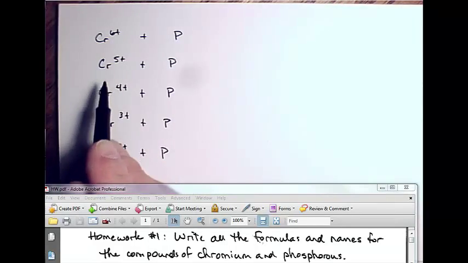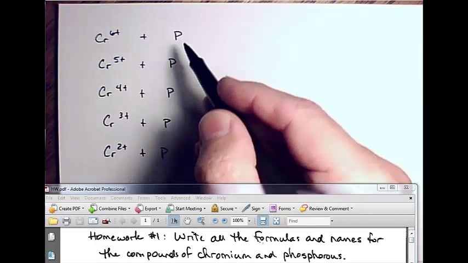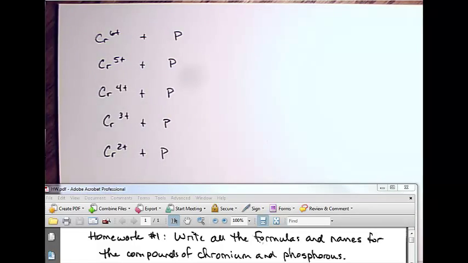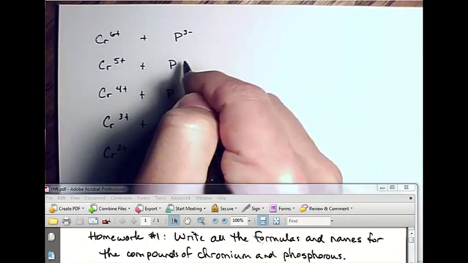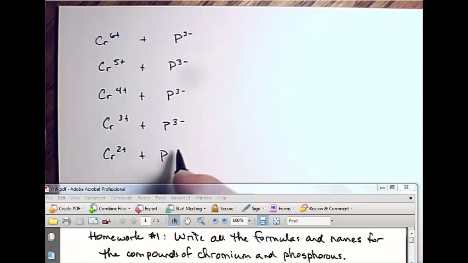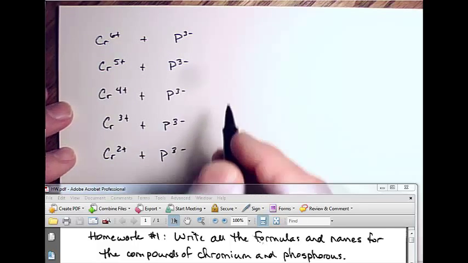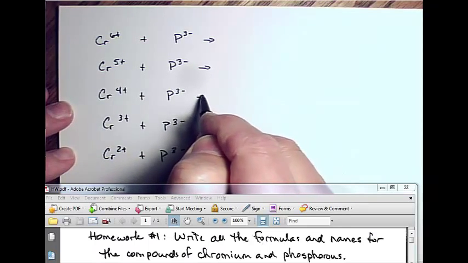Since all these chromium oxidation numbers, or charge numbers, are positive, this has to be some kind of negative number. That's the only way you're going to get a neutral charge overall. So we're going to make this 3 negative on all of these. It's the only one that's possible. What we want is a compound that has a neutral charge overall.